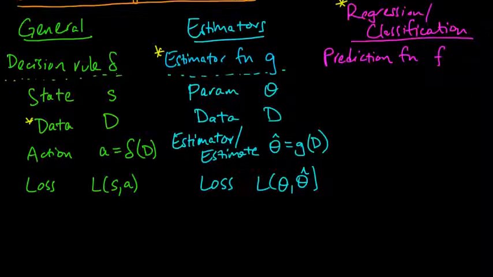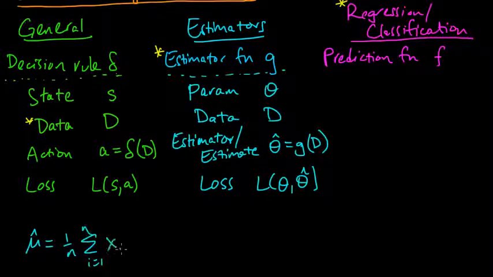So for example, we talked about the sample mean as an estimator, and this is a random variable when we think about it this way. When we think about these x's as being random variables, then this is a random estimator.